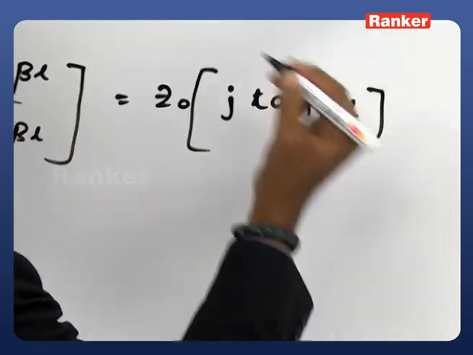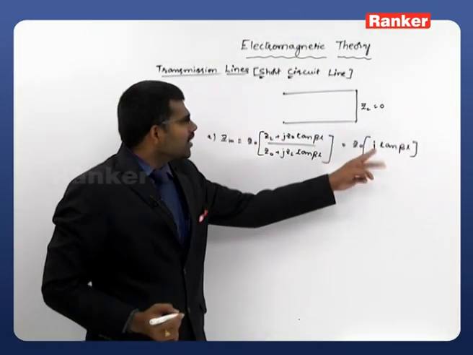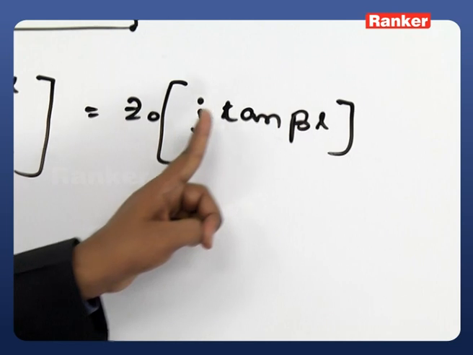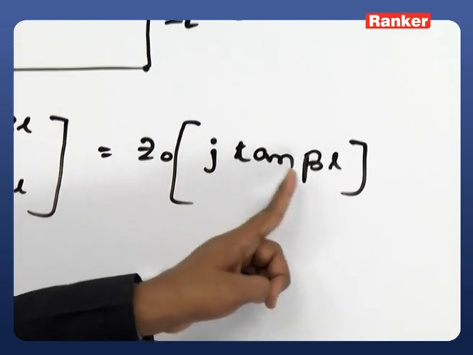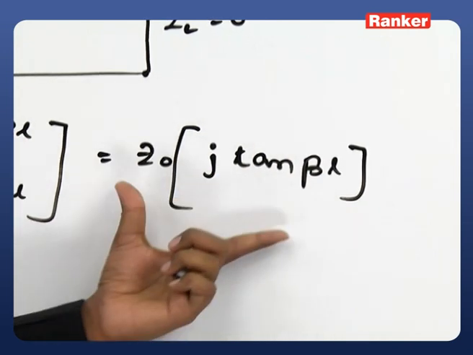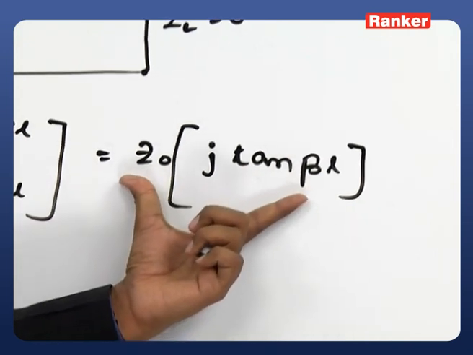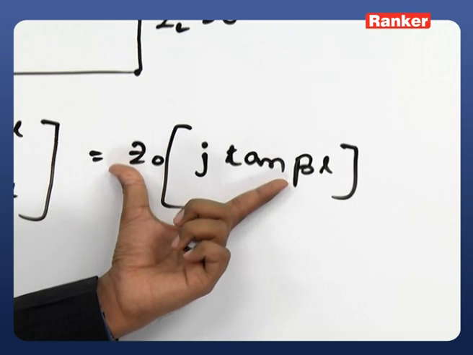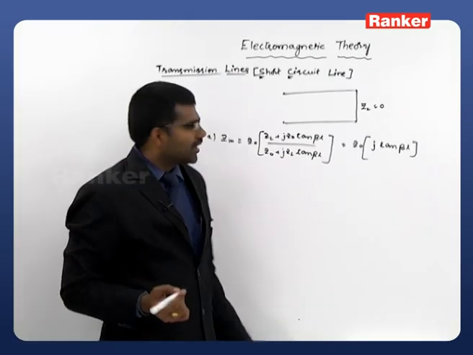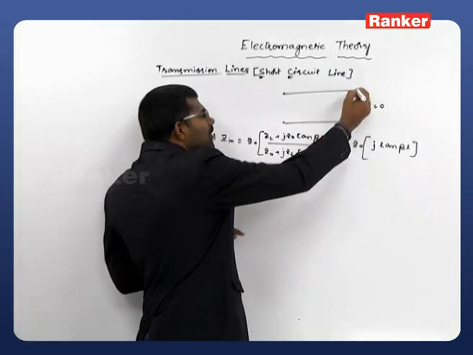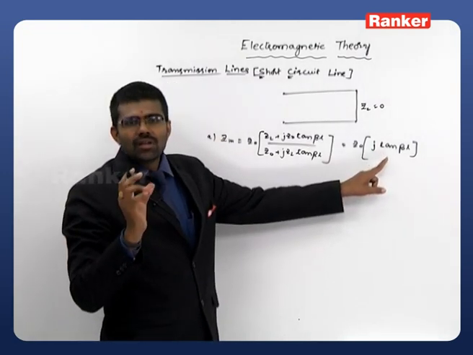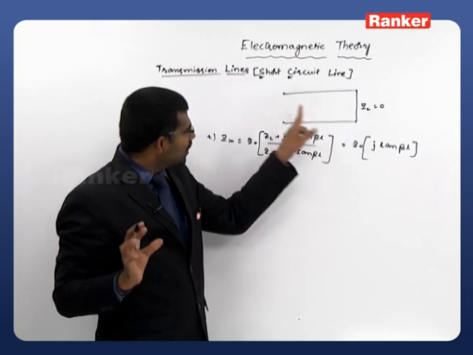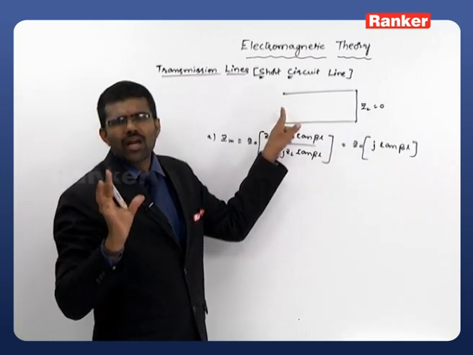If you rearrange this, it will become jZ0 tan beta L. Z0 is a pure real term, tan beta L is a real term. So the quantity we are getting is clearly a reactive term, right? Whenever we are considering a short circuit transmission line, the input impedance is clearly a pure reactance.